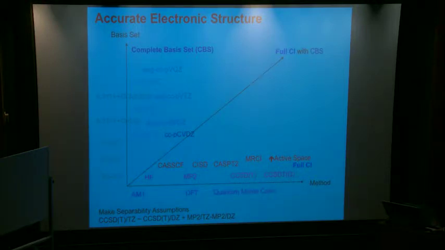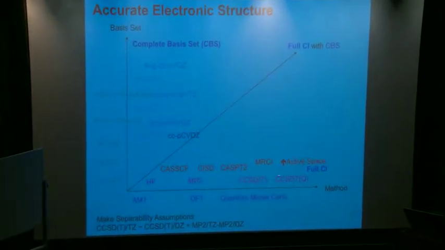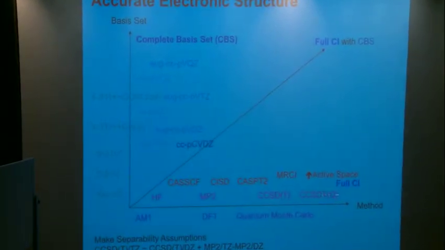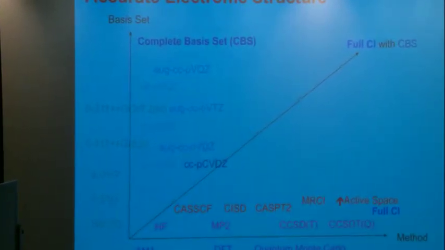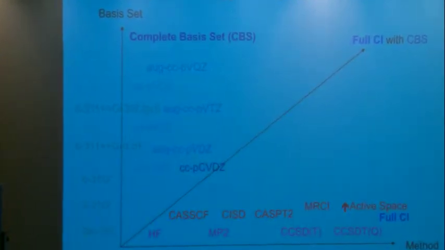When you try to get high accuracy energies, you're really trying to go in two different directions. You try to go to larger and larger basis sets to get to the complete basis set limit, and you try to treat more and more electrons in your post-Hartree-Fock evaluations.